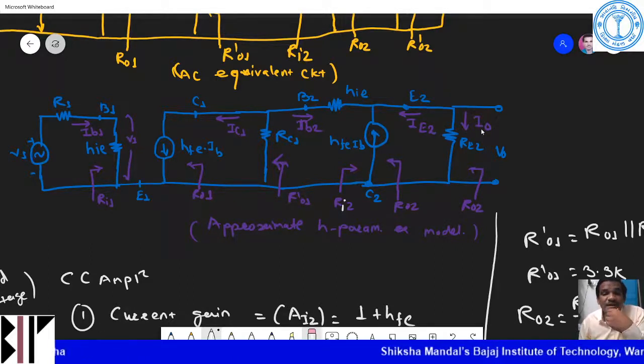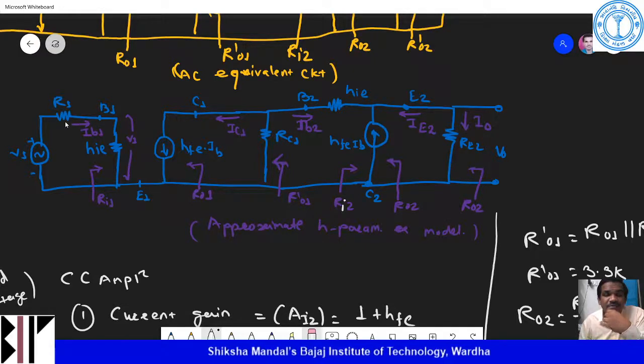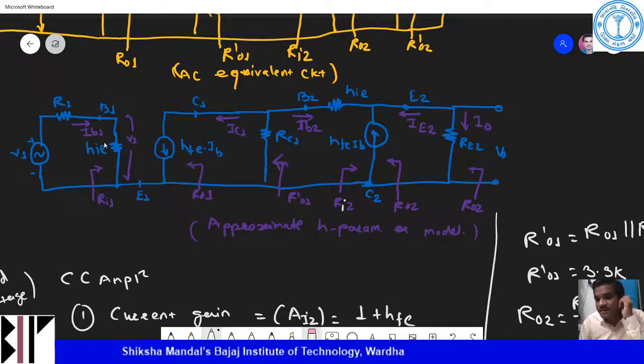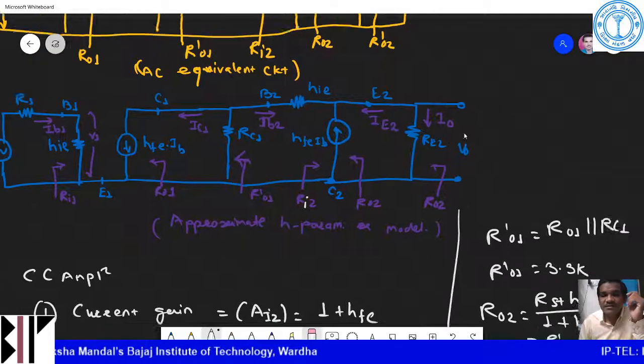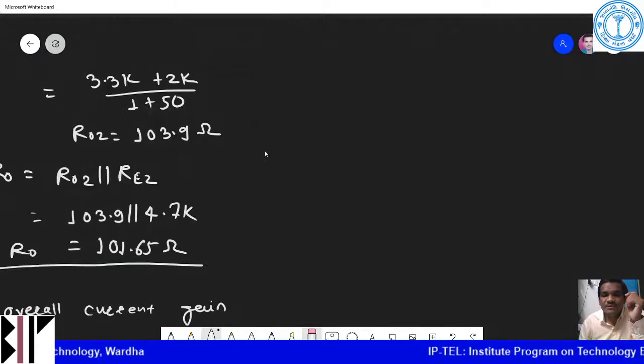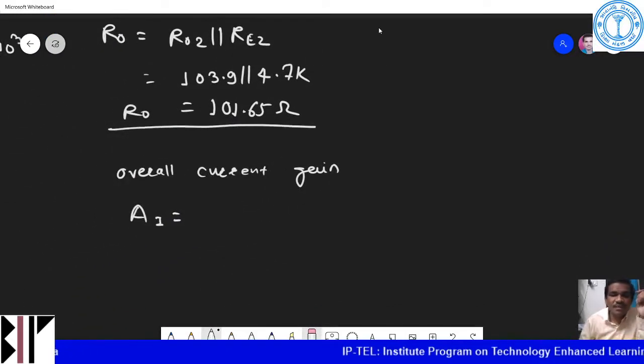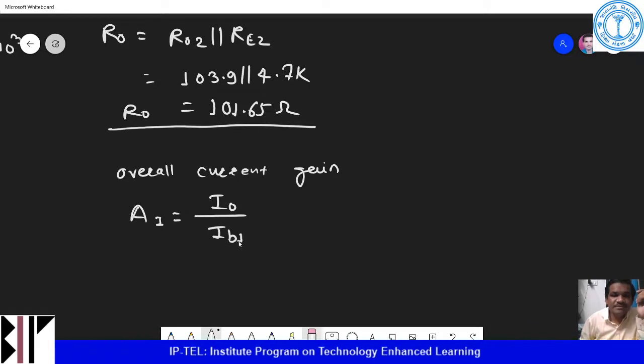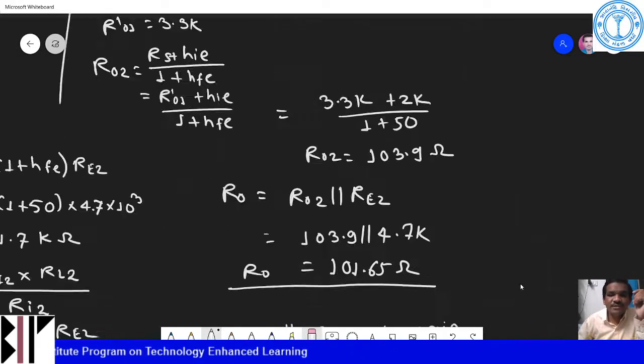So the overall current gain is the output current divided by the current at the input side, IB1. So IO divided by IB1 is my overall current gain. But what is this value of IO divided by IB1?